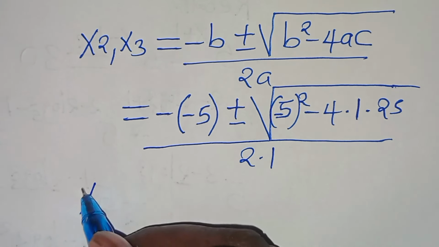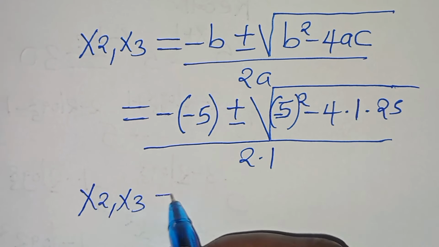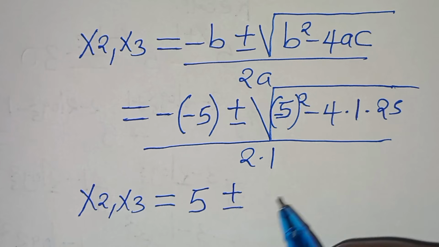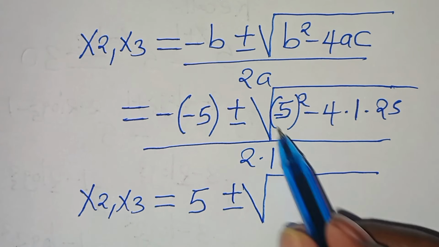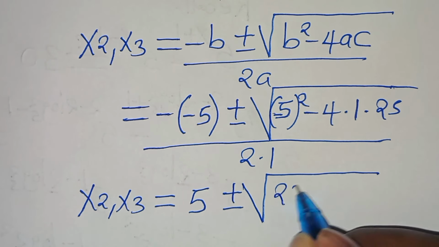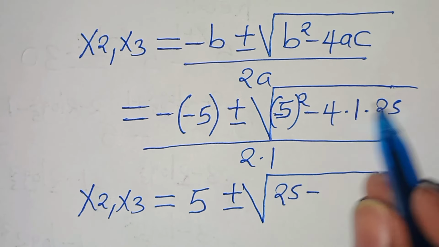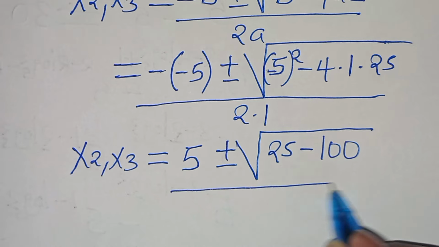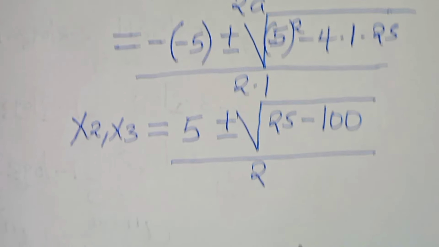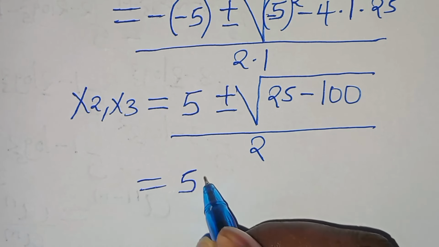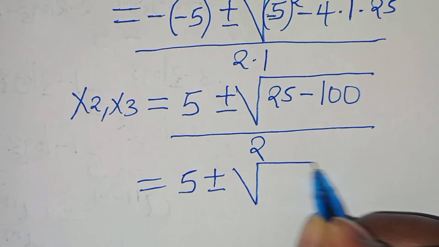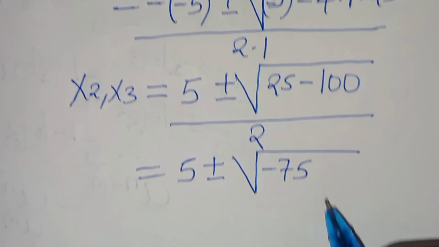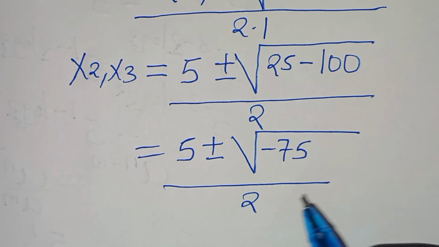So that now x2, x3 is equal to minus times minus 5, this is 5, plus or minus the square root of minus 5 squared, this is 25, subtract 25 times 4, this is equal to 100, everything divided by 2. So here we have 5 plus or minus the square root of 25 minus 100, this is minus 75, everything divided by 2.